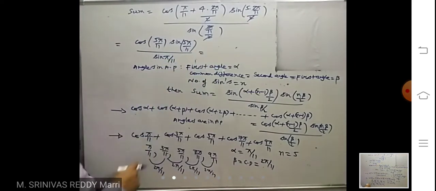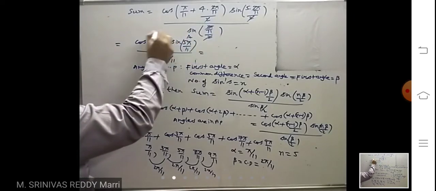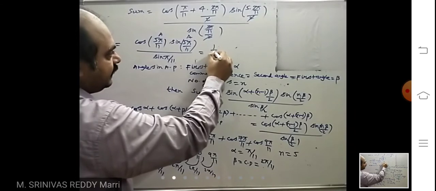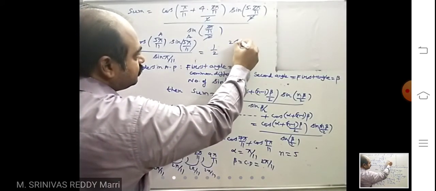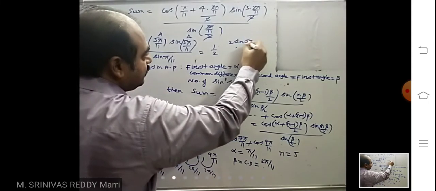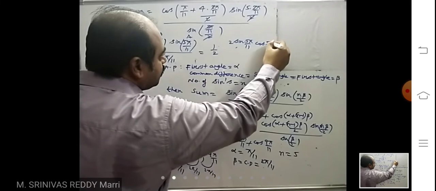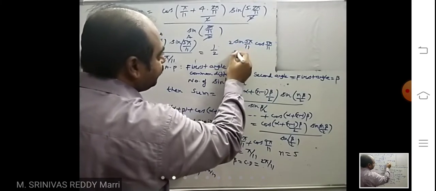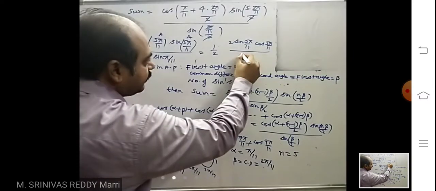Now what I am doing is, here if this is 2 sine a cos a, I am multiplying and dividing by 2. 2 sine 5 pi by 11 cos 5 pi by 11 divided by sine pi by 11.